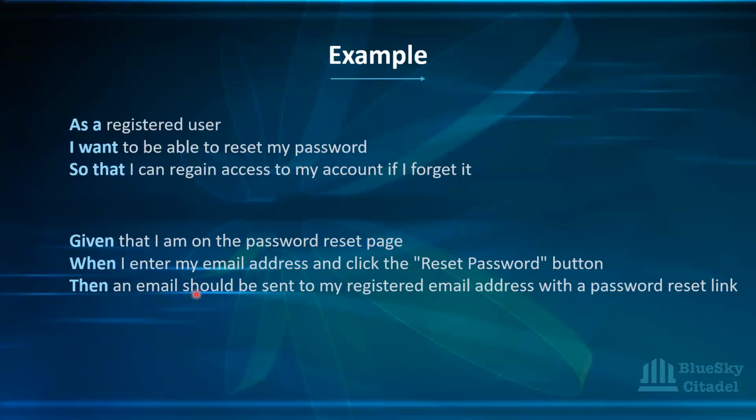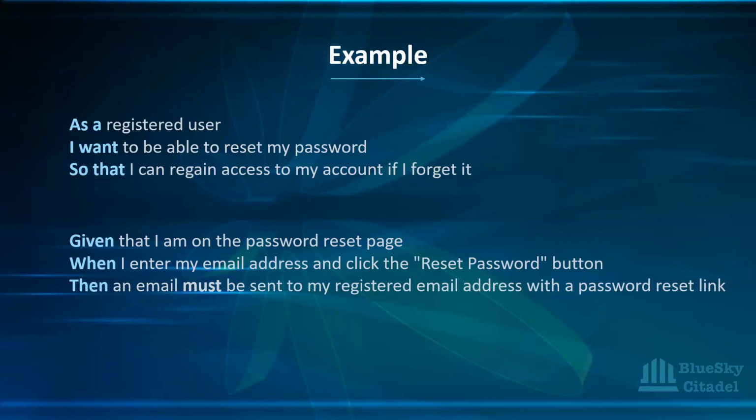An email should be sent. Remember, we're writing specific, we want specific outcomes, specific expected outcomes. So we don't say should. We get rid of that word and we replace that word with must.